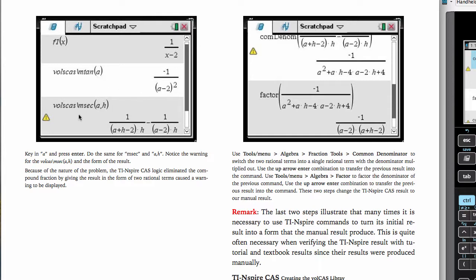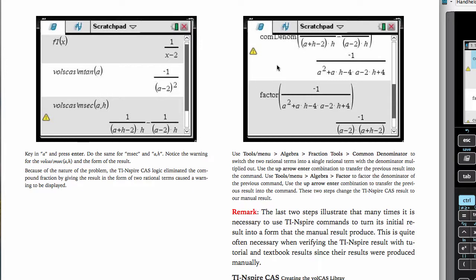If we wanted to find the slope of the secant line, it comes up with this answer here. Then if we use the common denominator on this particular slope, it comes up with this, and then if we factor it, this is a way that we could come up with the same manipulations that we showed you several pages back.